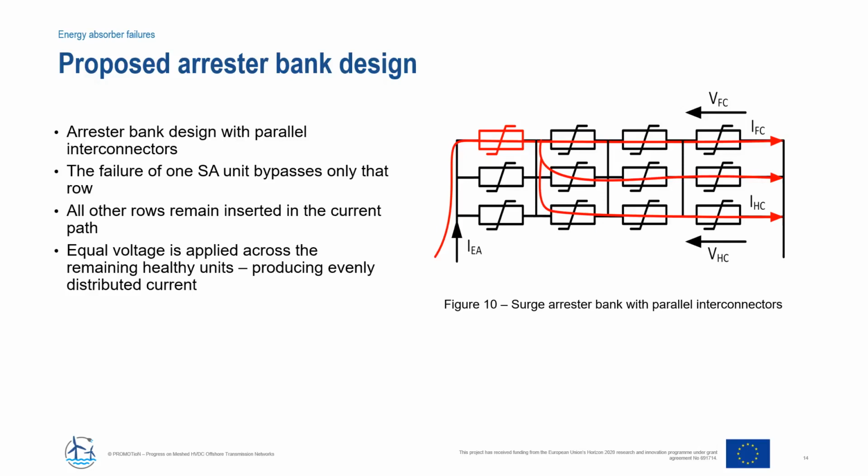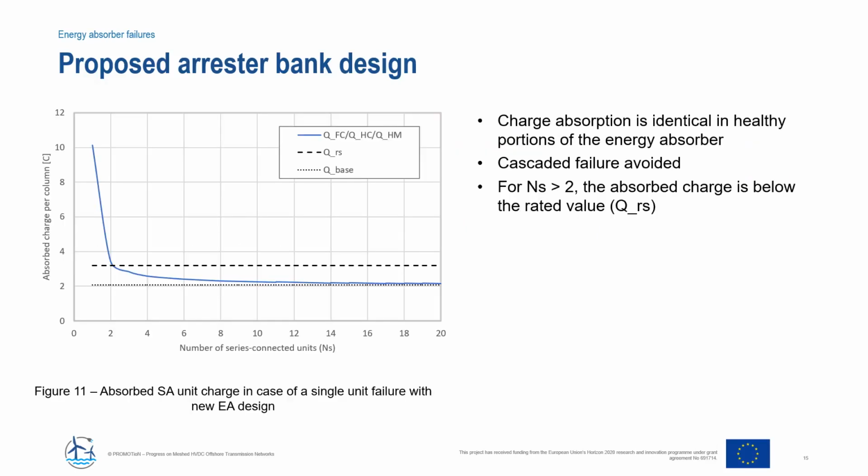As a consequence, equal voltage is applied across the remaining healthy units, which produces equally distributed current and energy absorption. This figure shows the absorbed charge per arrester unit in the faulty column, the healthy column, and another module using the proposed energy absorber design. As can be seen, the absorbed charges are identical, meaning that the charge is spread evenly throughout the absorber.